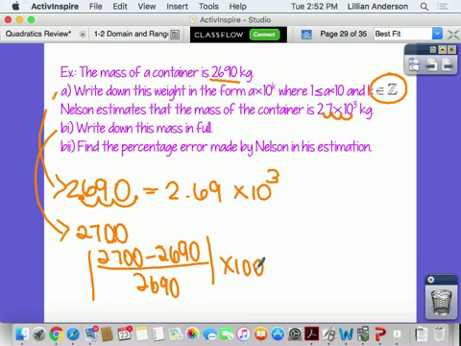Times it by 100. That's how you're going to find the percentage error made by Nelson in his estimation. Okay? So you type that in. Remember, you really don't have to worry about the absolute value because you already know this should be a positive number anyway. And what do you get? 372.